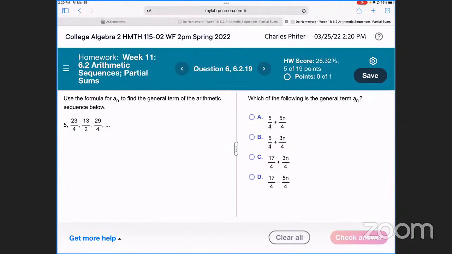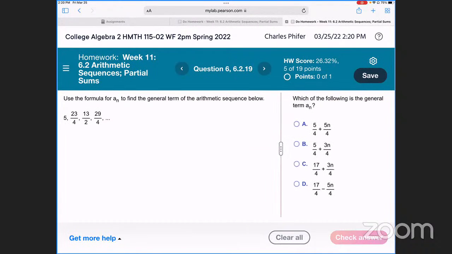Use the formula for a_n to find the general term of the arithmetic sequence below. Okay, let's go. I'm going to work a couple.